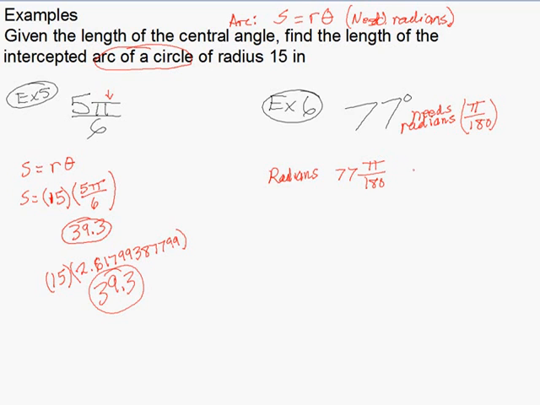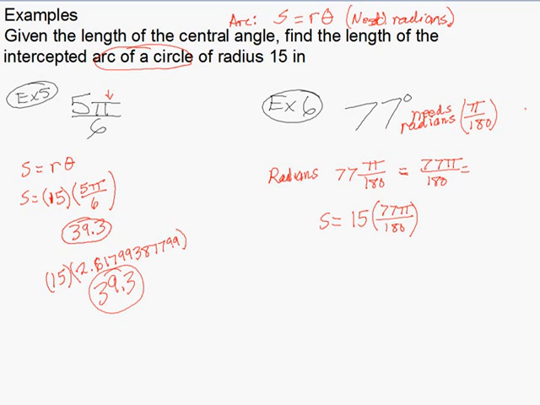Okay. Now, if you can take care of it, it will be 77 pi over 180. Okay. And then you could do S equals 15 for radius, and then 77 pi over 180. You can do that in the calculator, or you can figure out this decimal.